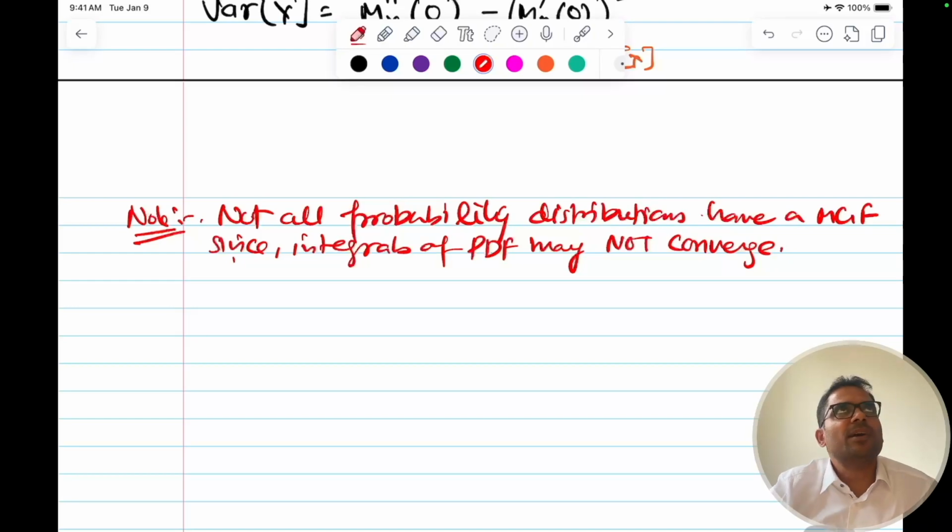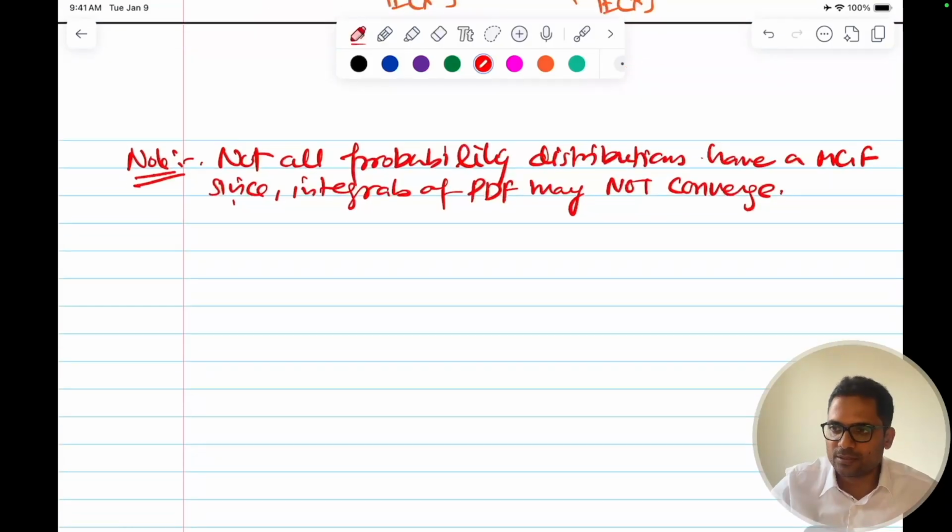For example, if I remember correctly, the Cauchy distribution, there it may not converge and it will become infinity, so we will not have a moment generating function. That is the first note.